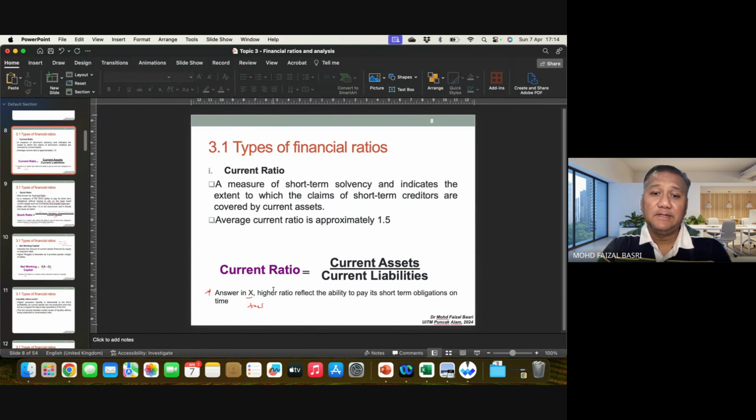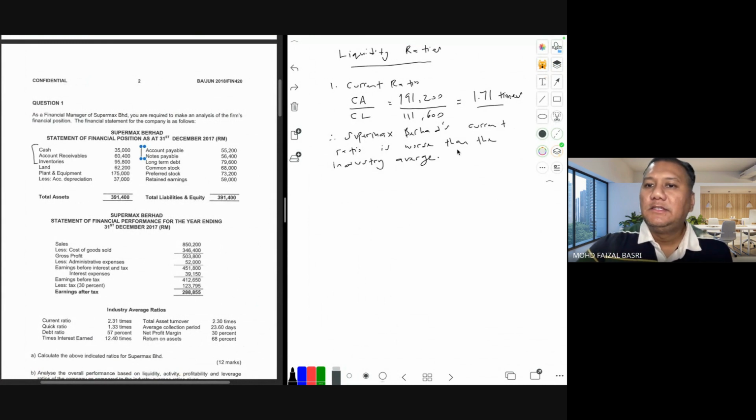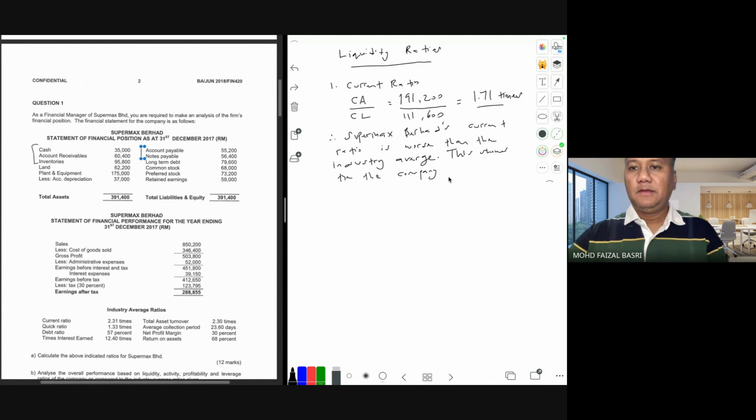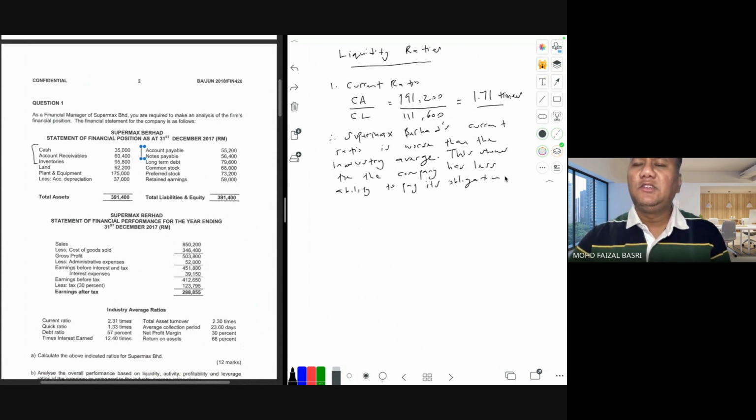So in this case the ratio is not higher, it's lower. So you use this information and put it in here. This indicates, you can write, this shows that the company has less ability to pay its short term obligations on time. Okay, let me correct it first.